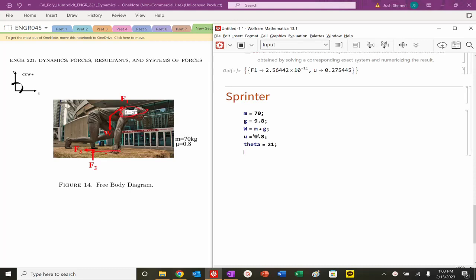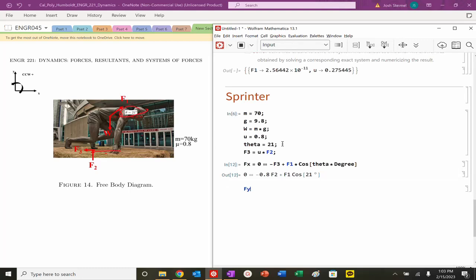And is that all? Yes, because we're asking for what is the force there. Actually, we can also define my F sub 3 is going to be equal to mu times F sub 2. So now, the sum of the forces in the x direction are what? I'm going to go minus F3 plus F1 times cosine of theta degree.